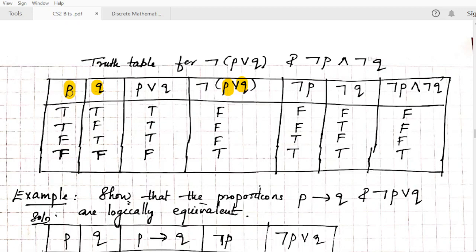When there are three propositions, P, Q, R, the number of possibilities is 2 raised to 3, that is 8. So here we have two propositions, so the total number of possibilities is 4. Both can be true. First is true, second is false. First is false, second is true. Both of them are false.